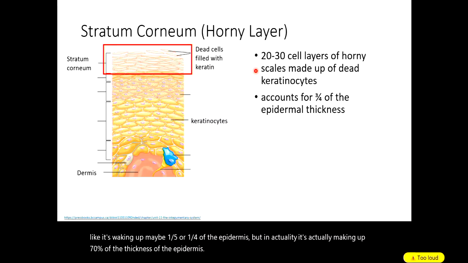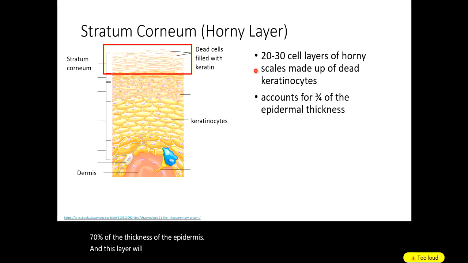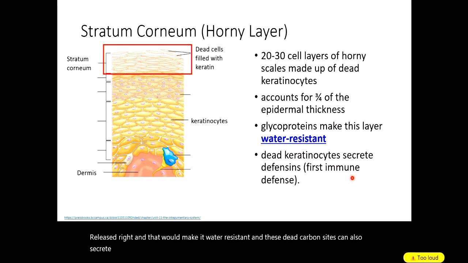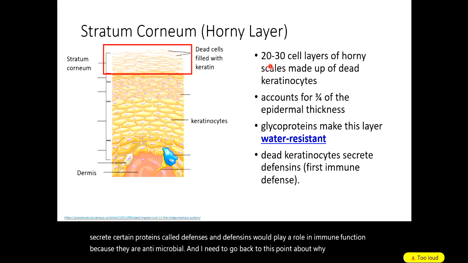And this layer will have glycoproteins which are released, right? And that will make it water resistant. And these dead keratinocytes can also secrete certain proteins called defensins, and defensins will play a role in immune function because they are anti-microbial.